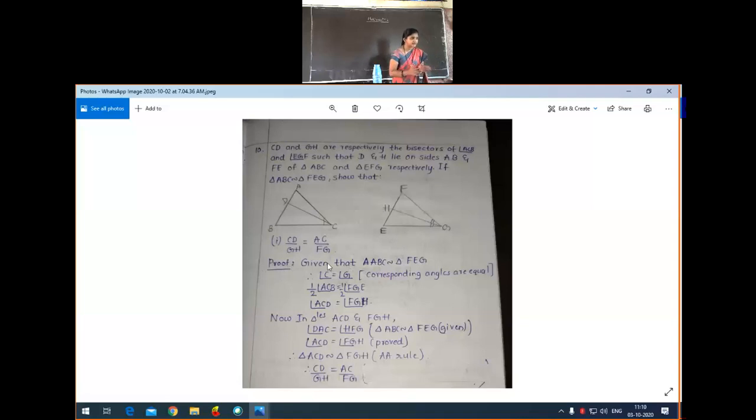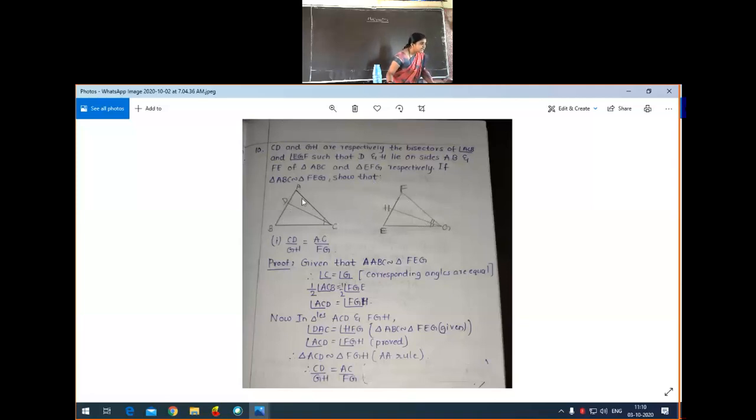What is given here actually? Triangle ABC is similar to triangle FEG. So, according to this, the big triangle ABC is similar to this complete triangle FEG. If two triangles are similar, then their corresponding angles are equal.